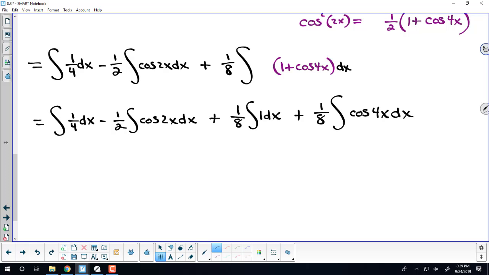Split it up whenever you want, it doesn't matter, but have these two. And these two antiderivatives here are kind of like terms, right? Because that's just a 1/4 and a 1/8. So you can combine those if you want. Eventually, you should combine them at some point. But anyhow, now we've broken that sine to the 4th down into 4 different antiderivatives, all of which we can compute.